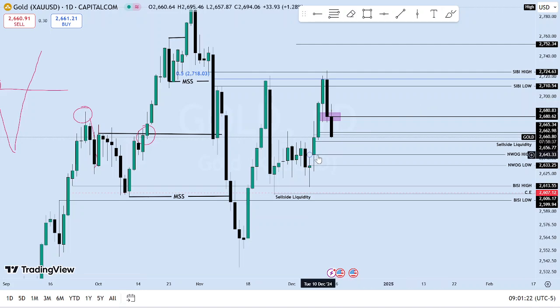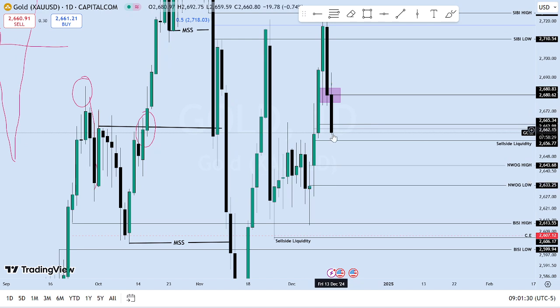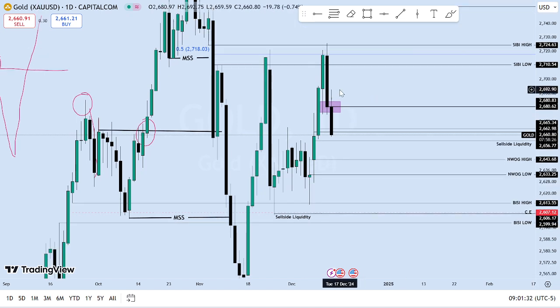So the gap between this is called new week opening gap. It's an inefficiency, a void too. So price will seek for it. That's why you see we are selling from premium to discount. It's acting as a discount area. So price is coming to deliver inside it.